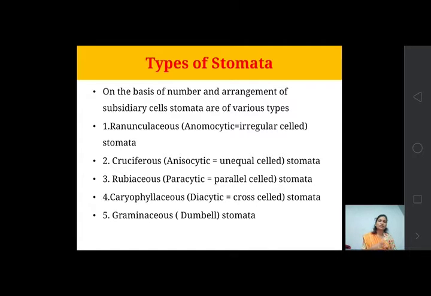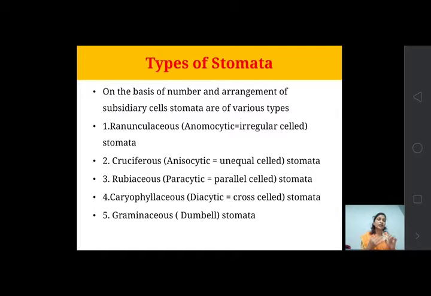On the basis of number and arrangement of subsidiary cells, stomata are of various types. The guard cells remain as they are in all the types, but according to the type of arrangement of the subsidiary cells surrounding the guard cells, the stomata are of 5 types.